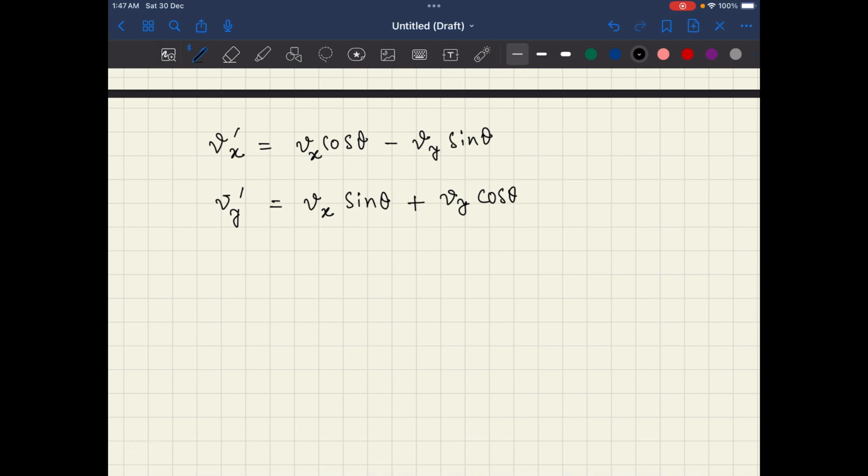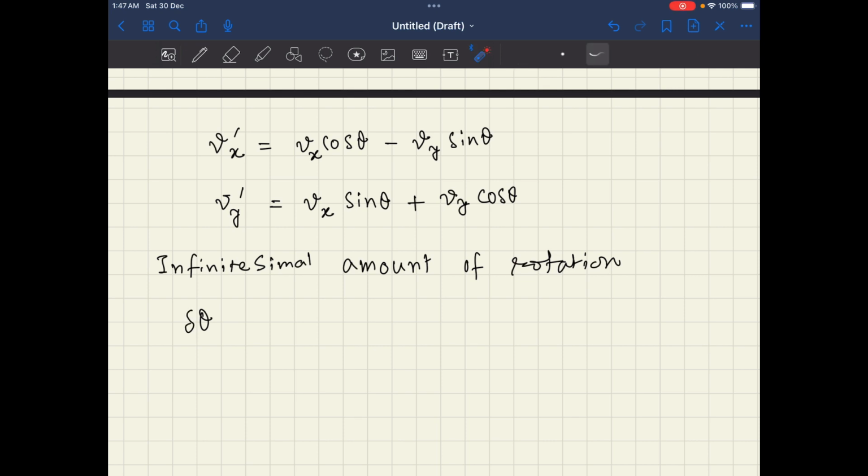Now let me consider an infinitesimal amount of rotation. In that case, let me denote the rotation angle by delta theta. So we rotate the vector by angle delta theta.